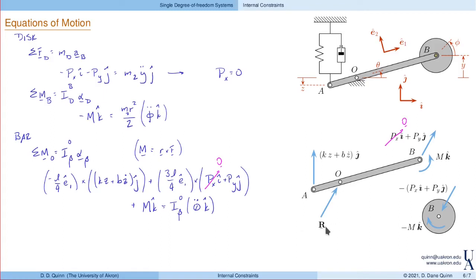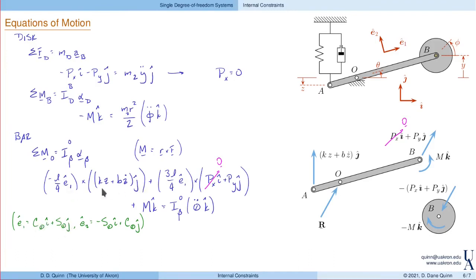So here we need to evaluate these cross products. E1 is cosine of theta in the I direction plus sine of theta in the j direction. And E2 is minus sine in the I direction plus cosine in the j direction. So when we evaluate these cross products, we're going to linearize at the same time. Notice that E1 is a component in the I direction plus a component in the j direction.